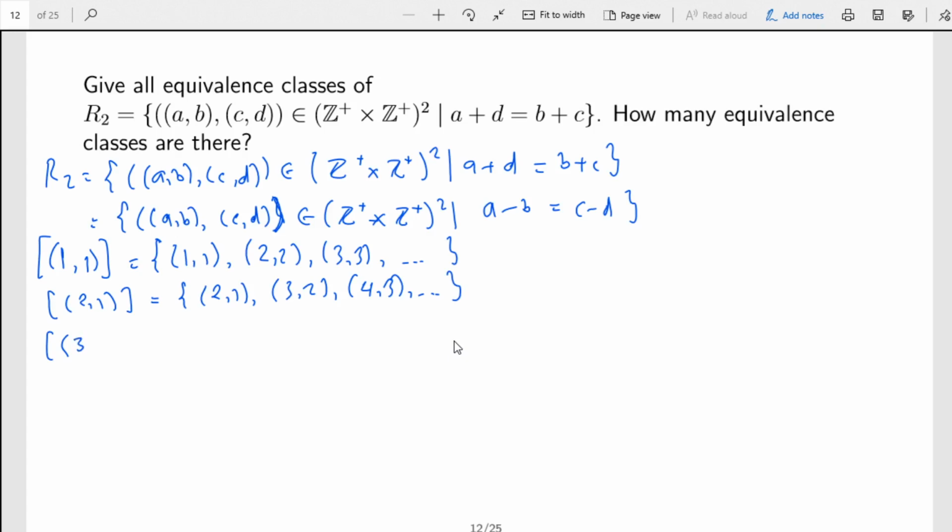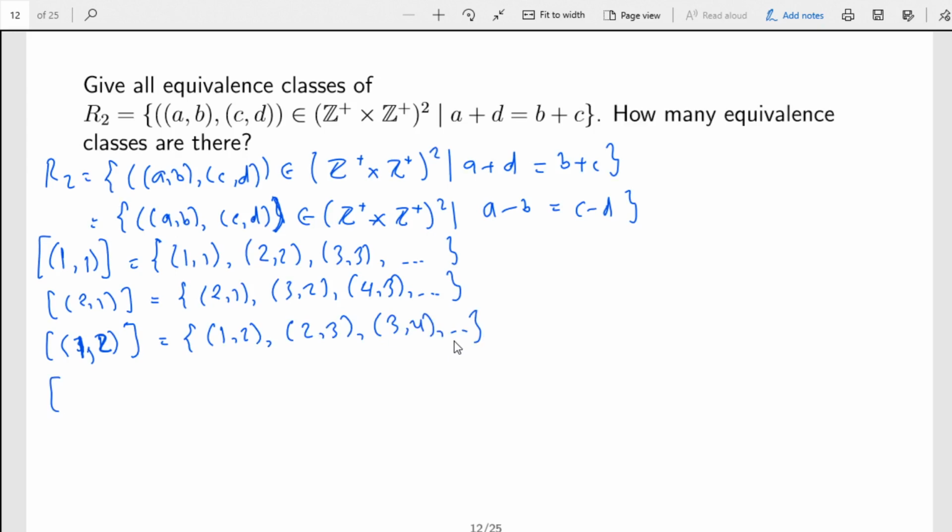Another example is (1, 2), and this contains (1, 2), (2, 3), (3, 4), and so on.